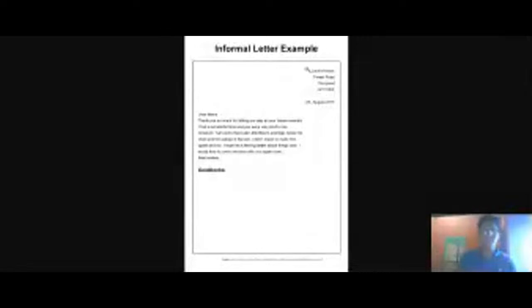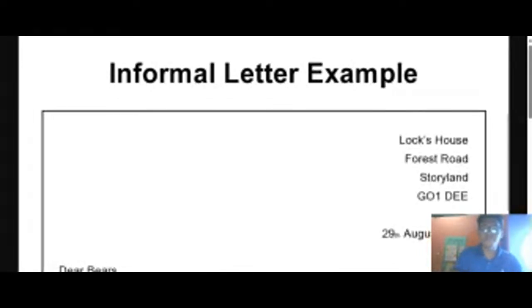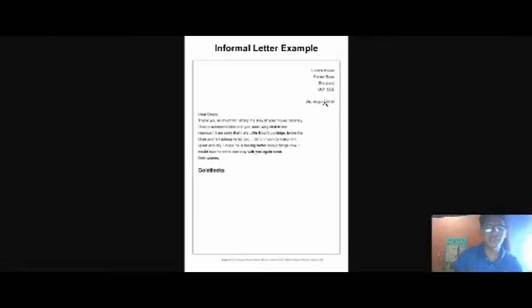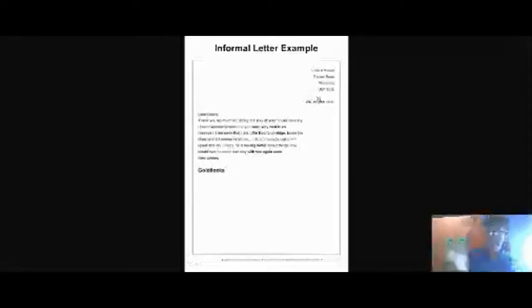It's utilized because, if you look at it carefully, this is an informal example. If you take a closer look, it has its elements on the right and on the left. So this is a semi-blocked, and then we have fully blocked with everything on the left.